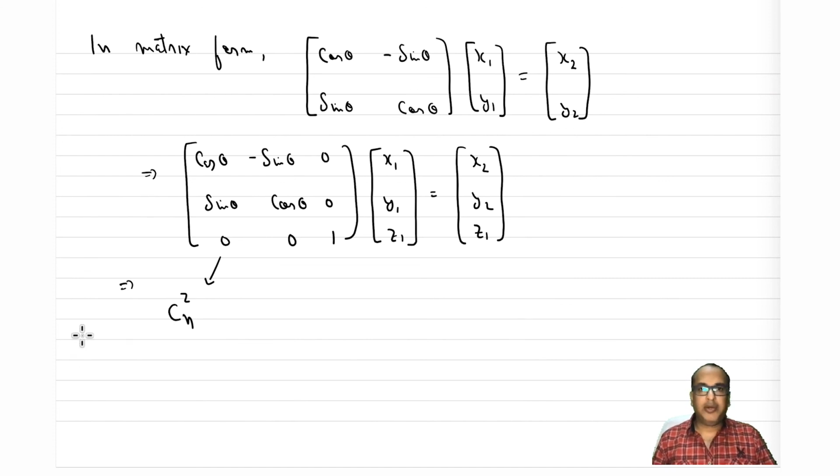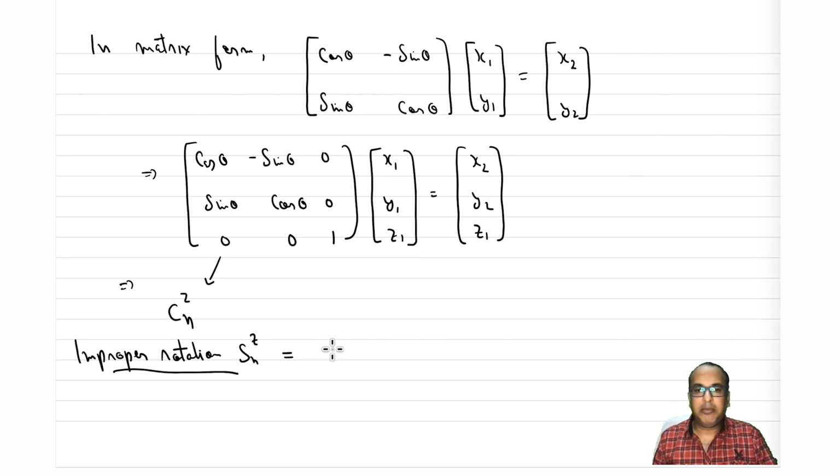Okay. Now next is improper rotation, which is SNZ. We all know that improper rotation SNZ can be written in terms of CNZ into sigma xy, right?